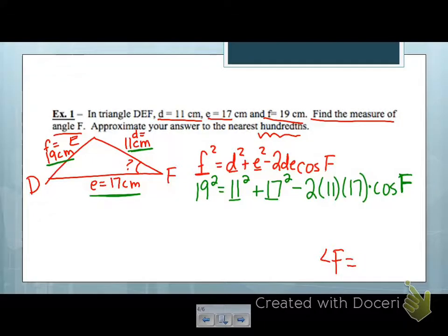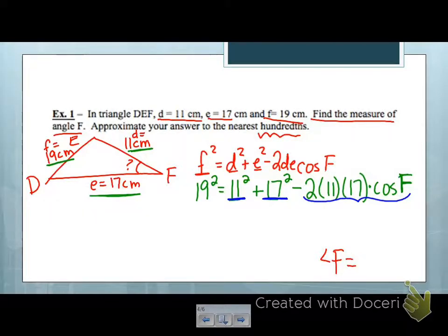Okay, so now we need to think about some algebra. Back to solving equations. Well, we have 3 terms on the right side. I have the 11 squared term, 17 squared, and then this is all one term. So all I'm going to do is simplify my terms at this point.